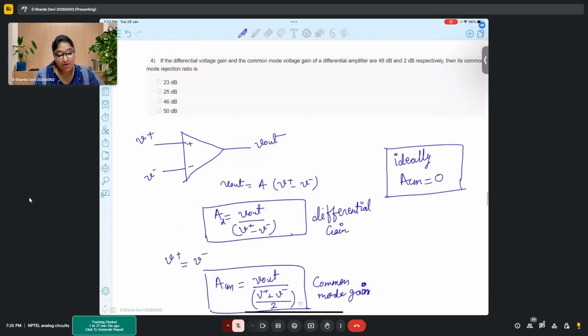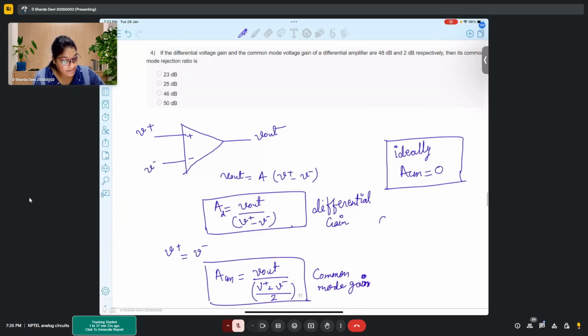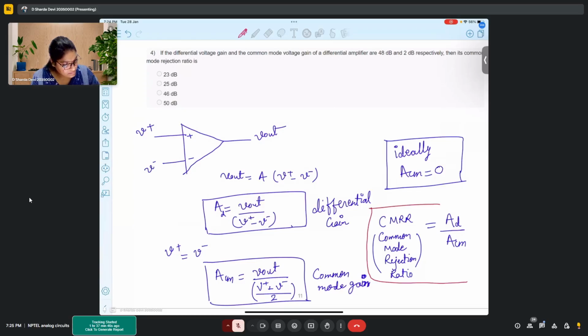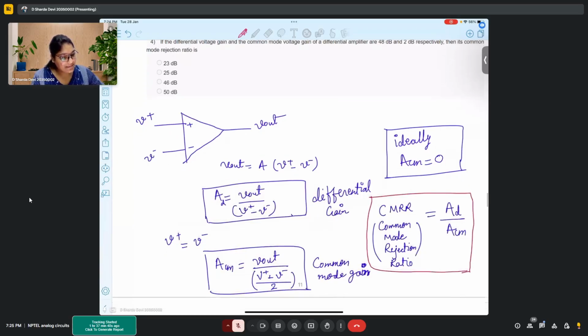So that is what we call as common mode rejection ratio, CMRR, or common mode rejection ratio. This is nothing but AD by ACM. Okay. This is nothing but AD by ACM. So it tells you how good your op-amp is, right?